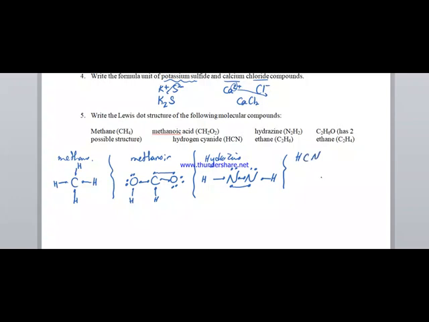We have hydrogen cyanide, HCN. We write carbon as the central atom that has the highest valency or single dot electrons, and we have nitrogen with 5 valence electrons, and we have hydrogen.